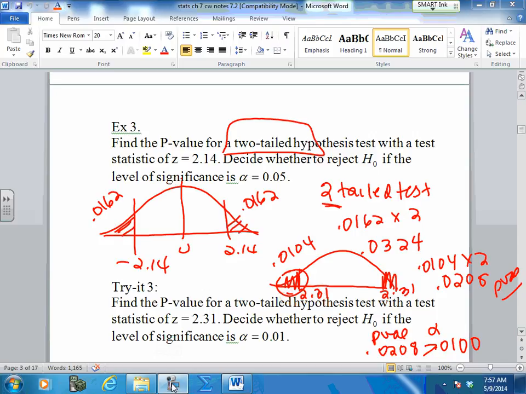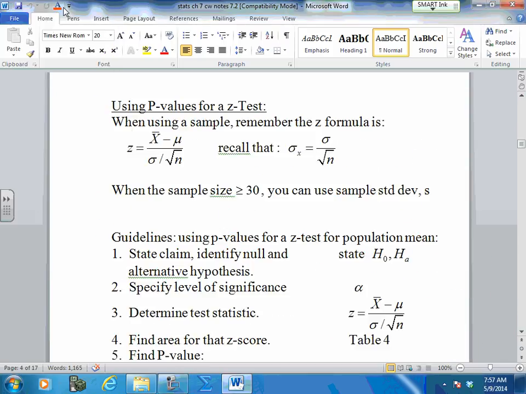Alright, so far. Now, remember your z-score formula. Your z-score formula is x minus the mean over the standard deviation. This is when we deal with a population. When we deal with a sample, you're going to be using your sample to test your population. So we have to modify your standard deviation.